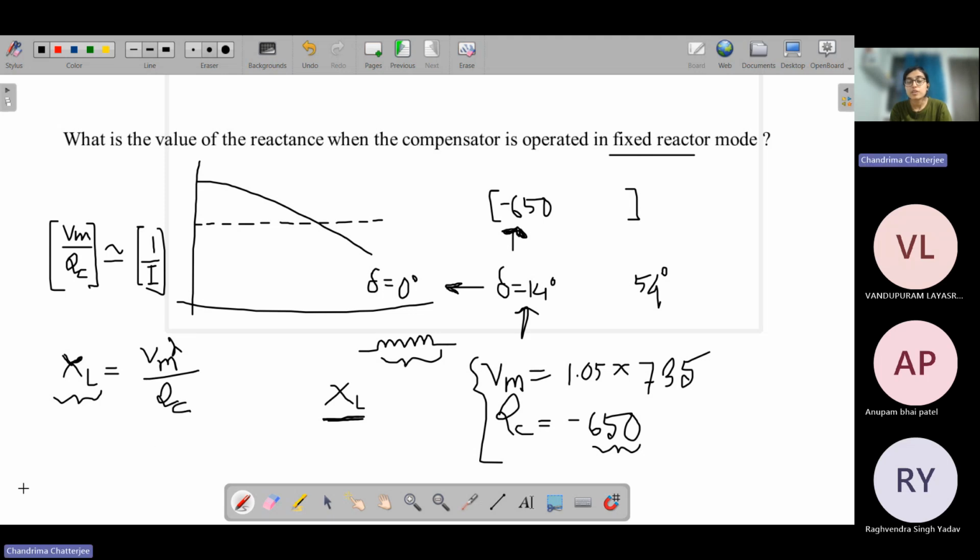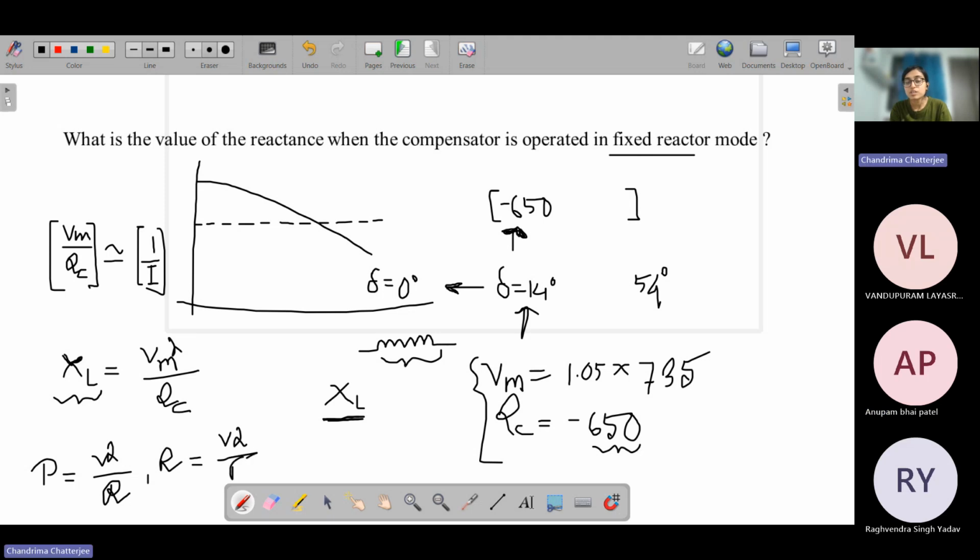Just remember, when you find active power, you do V square by R, right? Just a resistive load I am talking about. If somebody tells you to find R, you will do V square by P, right?